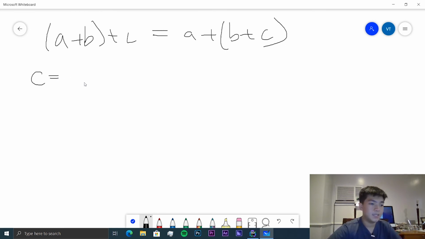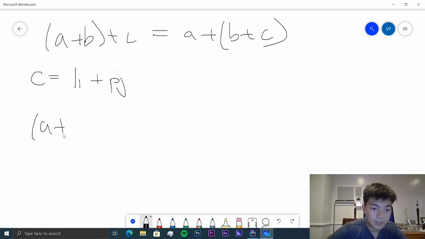C is equal to Li plus Pj. And so for all A, B, C, A plus B plus C will be equal to, actually no, let's label all of the vectors.